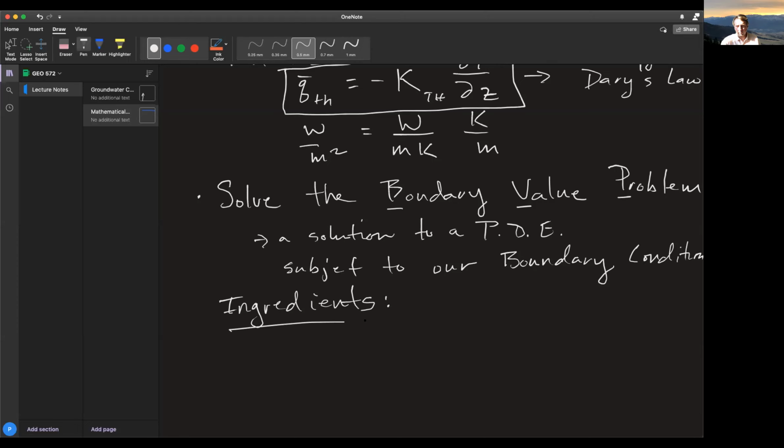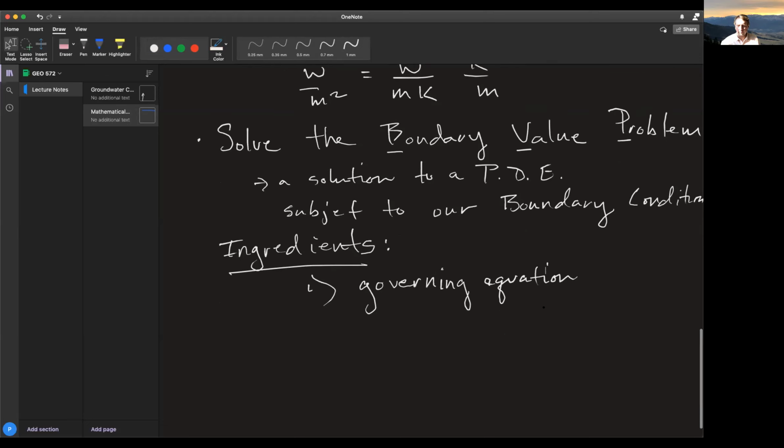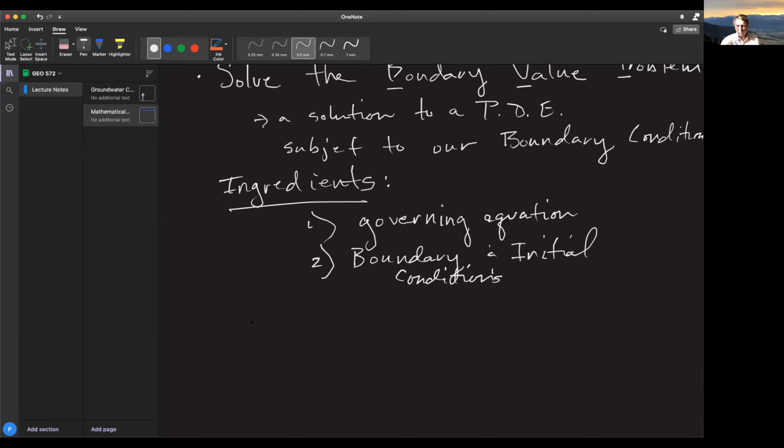We need a governing equation. We need boundary and initial conditions. We need a domain of interest.